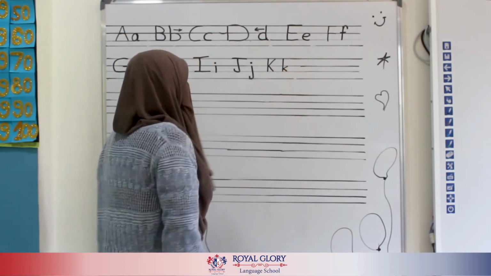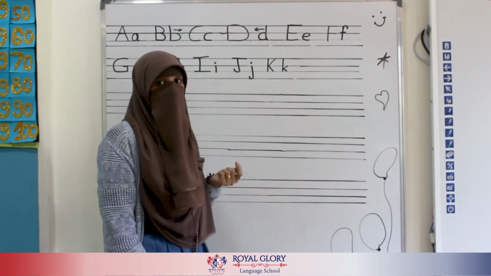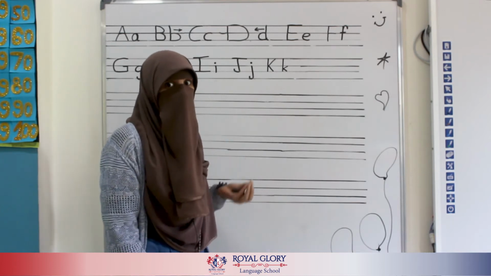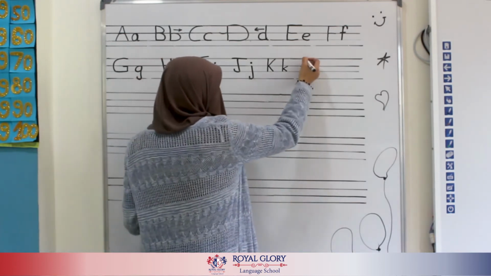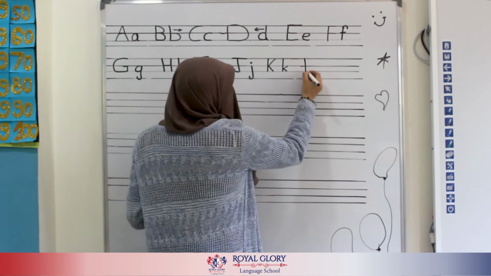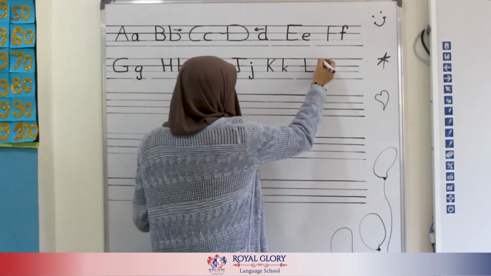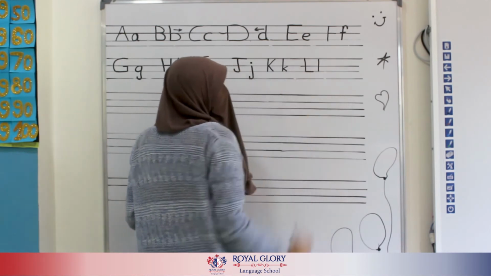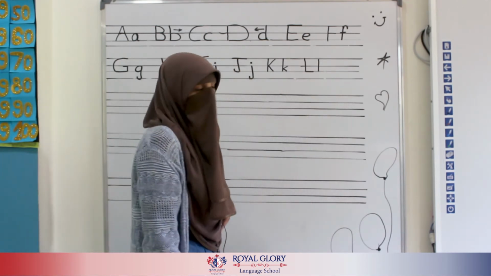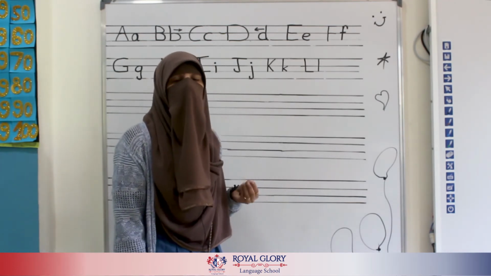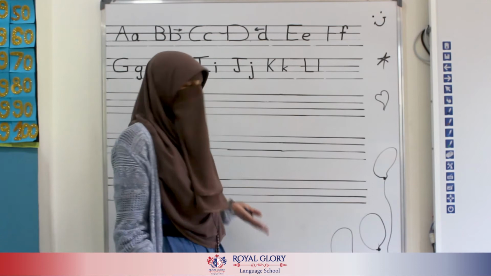K. Letter L, its sound is L, like a lemon or lame. How to write it? Standing line down, sleeping line down. The lowercase, just a standing line down, like this. L. Letter M. Monkey. How to write it?